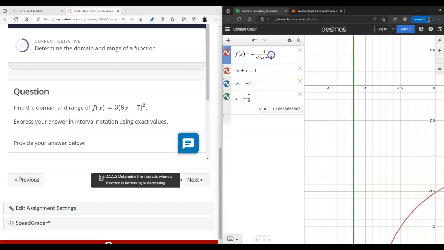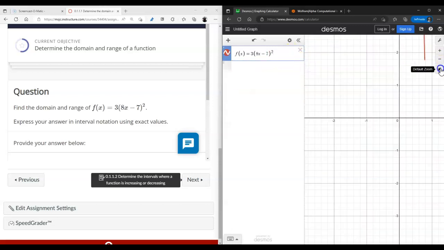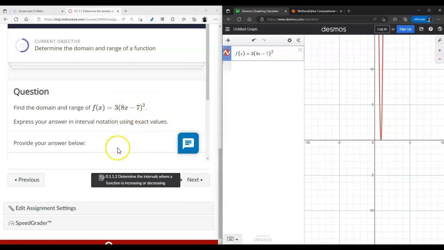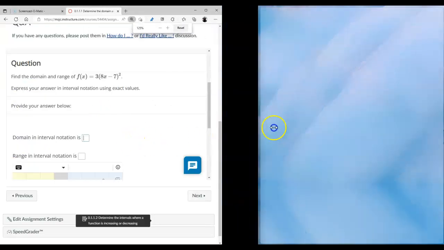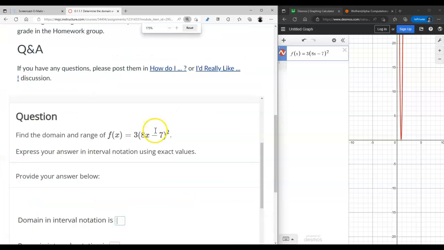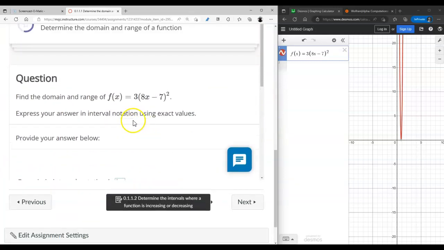Find the domain and range, and it's a roller coaster here. Some problems are easier than others, but this is clearly some sort of parabola. So we shouldn't have any issues with identifying the domain and the range of this parabola. The domain is all real numbers.